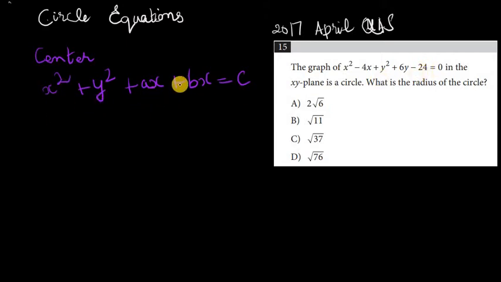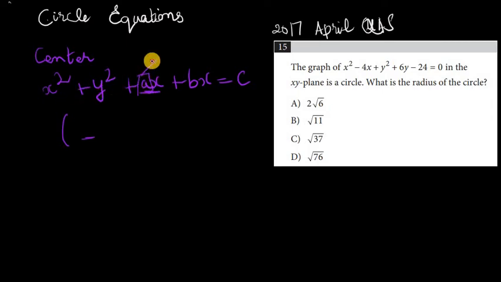And so to find the coordinates of the center, you need to just take the x coordinate. I'm talking about the x coordinate right now. To find the x coordinate, you have to take the coefficient of x, which is in this case a -4, and you're going to divide it by 2, and that's your x coordinate.